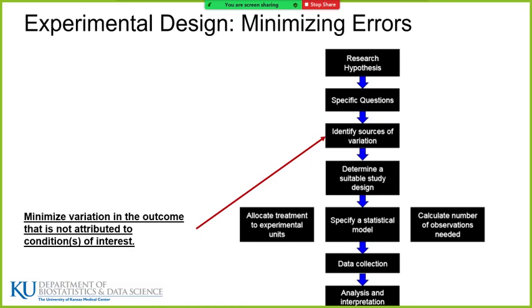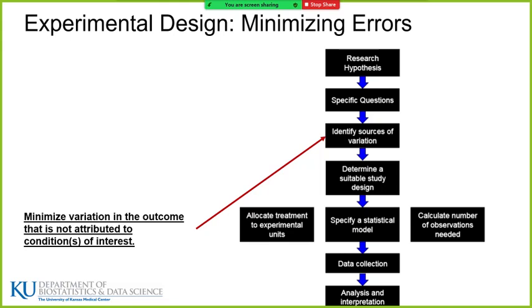And then once we've got that plan, then we start to try to break our design. How can we mess this up? We're doing that by identifying other potential causes of outcome changes in these participants. And how can we minimize them?